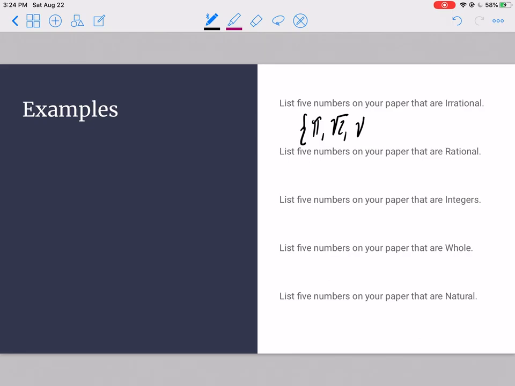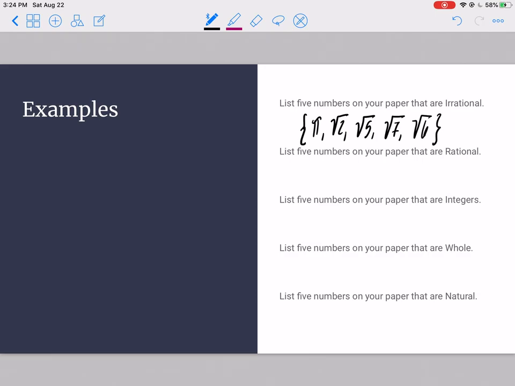So you could put square root of 5, square root of 7, square root of 6. Okay, there are 5 of those.